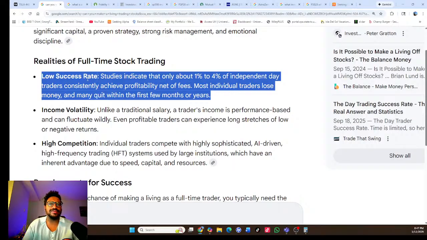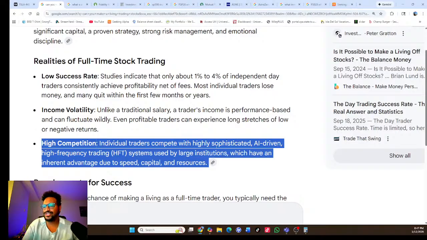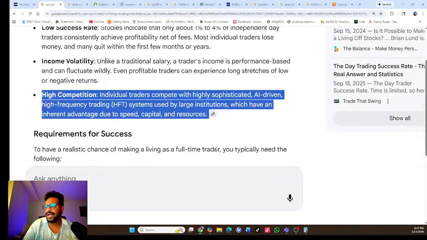This is where it leans to gambling, casino vibes more than anything else, right? Individual traders compete with highly sophisticated AI driven high frequency trading systems used by large institutions who have an inherent advantage due to speed, capital, and resources.